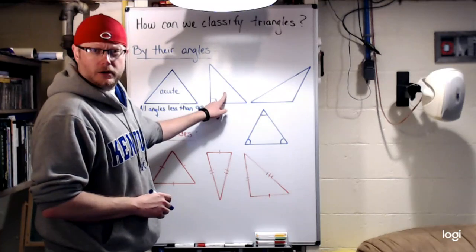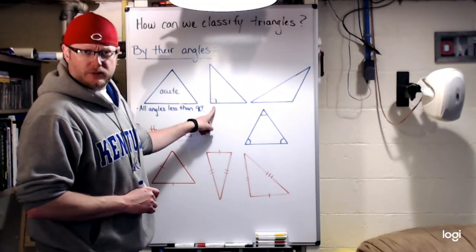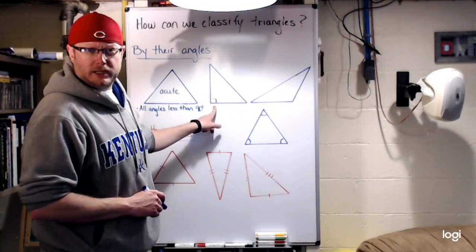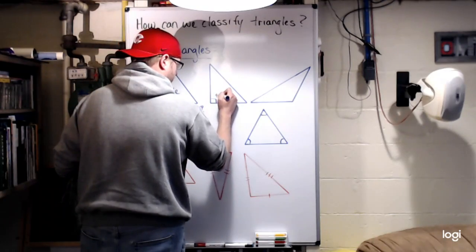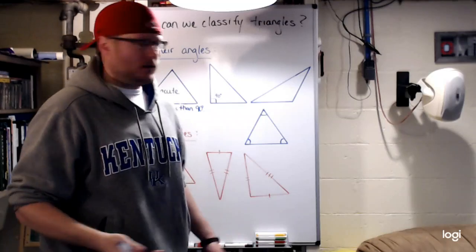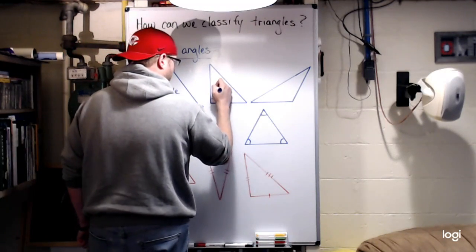This one right here, we can clearly see one of the angles is marked with a right angle box. Also, let's say we didn't have this right angle box. Let's say they just said it was 90 degrees, right? Either one works. It does not matter, okay? So in this case, this would be a right triangle.